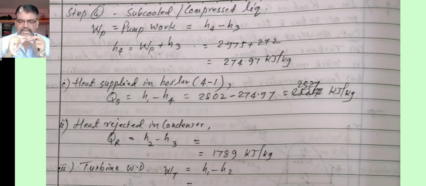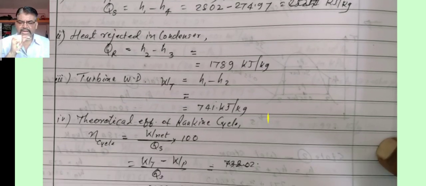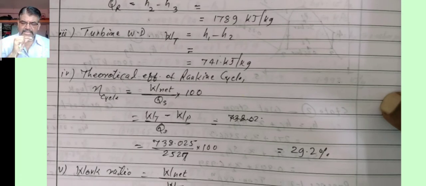The condenser is between 2 to 3, therefore H2 minus H3; after putting the values we get 1789. Third is the work done by the turbine, which is between 1 and 2, therefore H1 minus H2. Putting the values we get the work done as 741 kilojoules per kg.